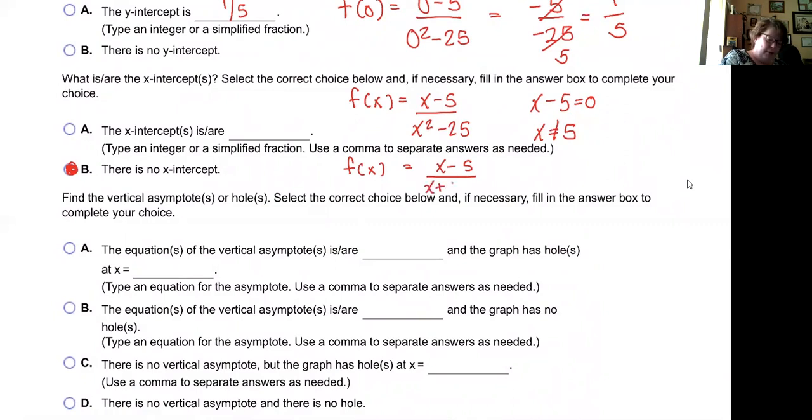So it factors to the sum times the difference. The x minus 5 will cancel. So you get 1 over x plus 5. And to find the vertical asymptote, you set that equal to 0. So x equals -5 is my vertical asymptote.